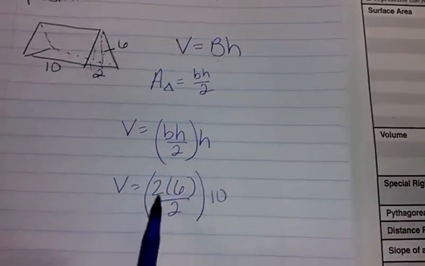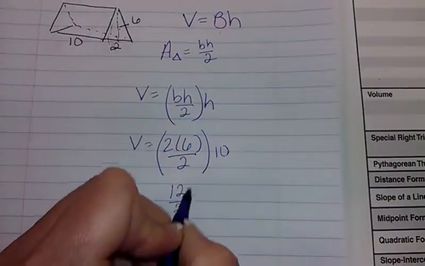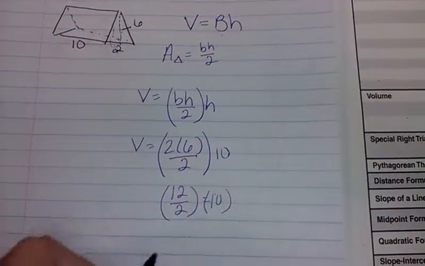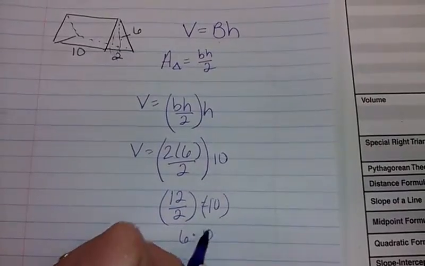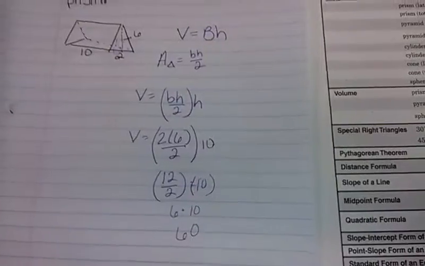Right here, 2 times 6 is 12 divided by 2, times 10. 6 times 10 is 60. I don't have any measurements on here, so the answer, the volume, is 60.